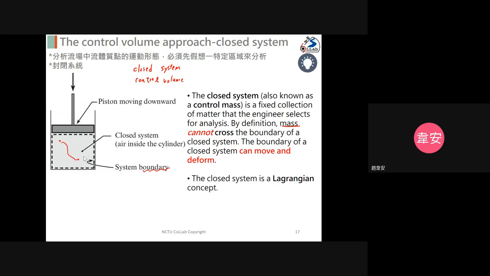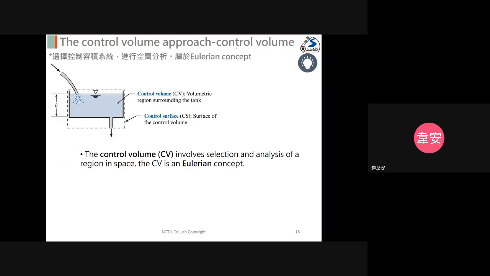Okay, but how is it different for the control volumes? You see, this is the control volume defined by the dashed line, and the dashed line shown here we call the control surface. What you can observe here is the control volume with its boundary, the control surface, and then you have some input and some output.